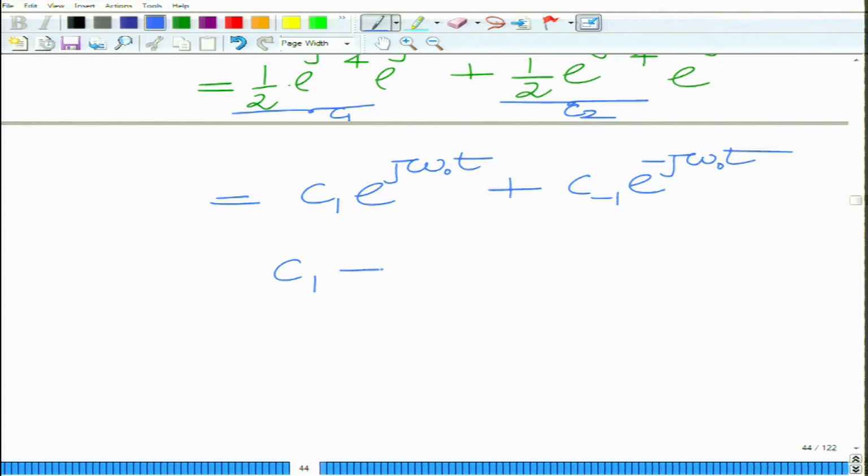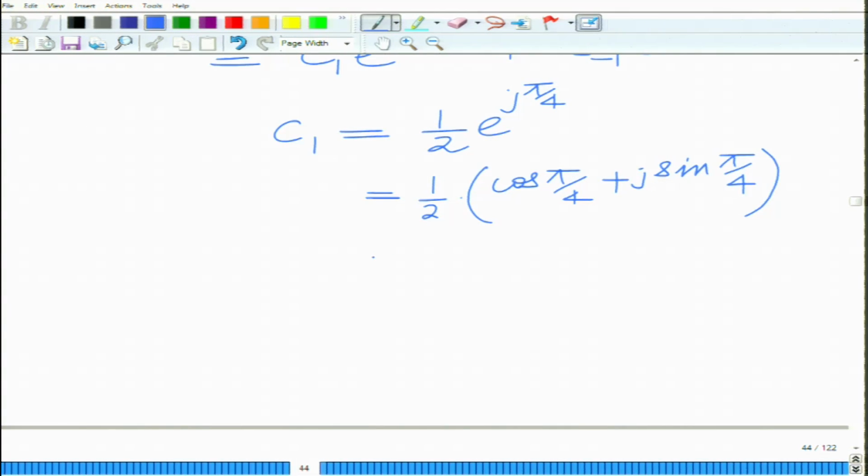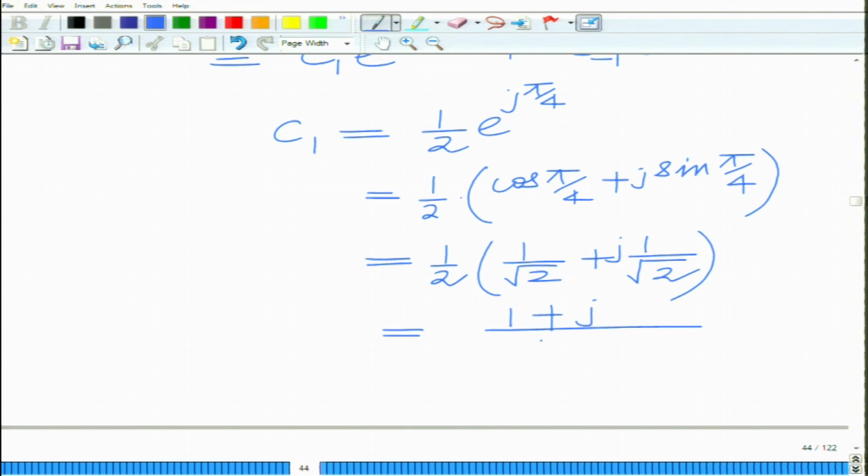C1 equals half e raised to j pi by 4. e power j theta is cosine theta plus j sin theta, so this is half (cosine pi by 4 plus j sin pi by 4), which is half (1 over root 2 plus j over root 2), which is 1 plus j over 2 root 2.